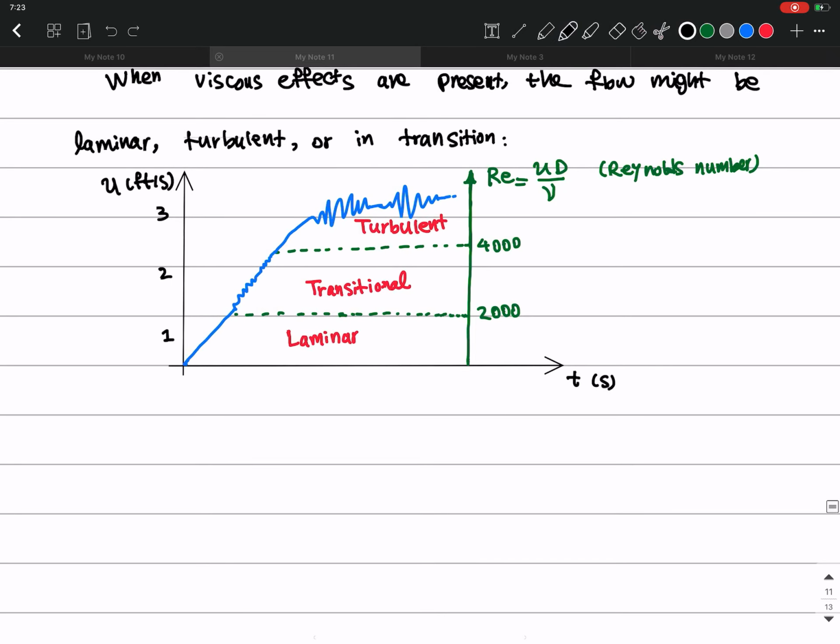I want to use dimensional analysis of pipe flows to get some understanding and estimation for the losses that occur in pipes with turbulence. So we have dimensional analysis of turbulent pipe flows.